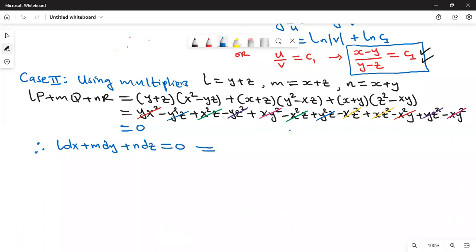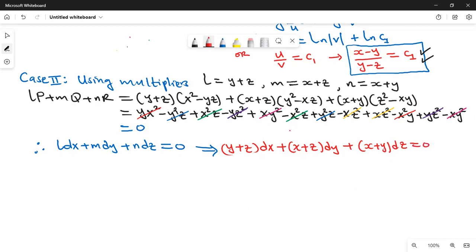If I substitute the values of L, M, and N, you're going to get (y plus z) dx plus (x plus z) dy plus (x plus y) dz. That should give us 0.